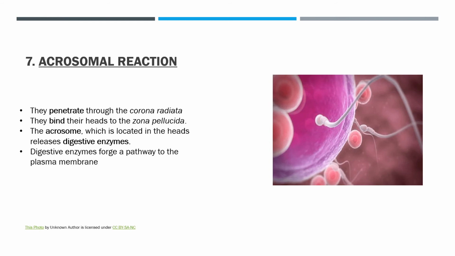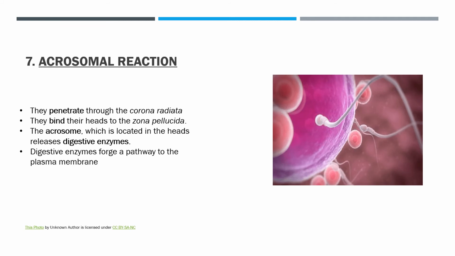So they penetrate through the corona radiata and they reach the zona pellucida. When they reach the zona pellucida, they bind their head tightly to it, just like they did with the corona radiata. It's like they are digging towards the nucleus of that oocyte.